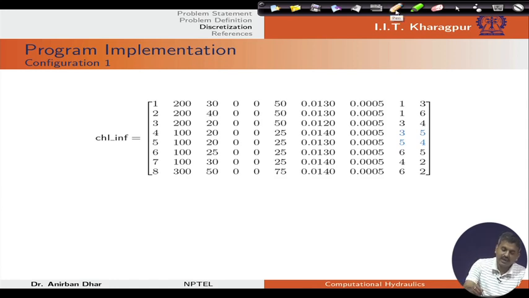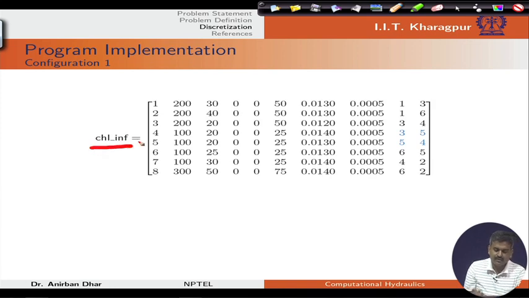First is the channel information, CHL inf. The first column is the channel reach number, the second column is the total length of the channel, the third is the width of the channel, and the fourth and fifth are the M1 and M2 values.